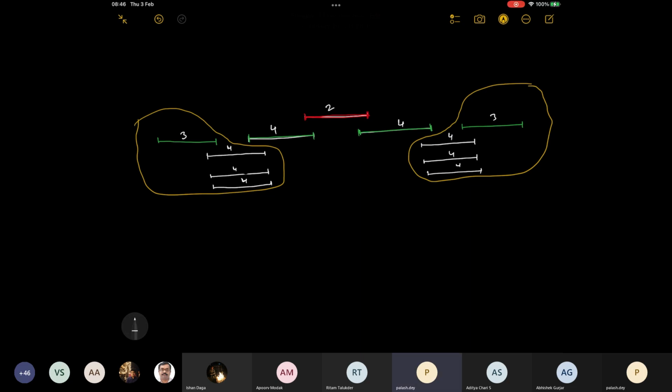Can you see that now even tie breaking won't save that algorithm? There is no tie also. This is a counterexample. Any question on this counterexample? Has everyone understood?